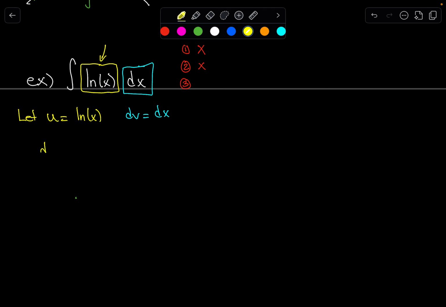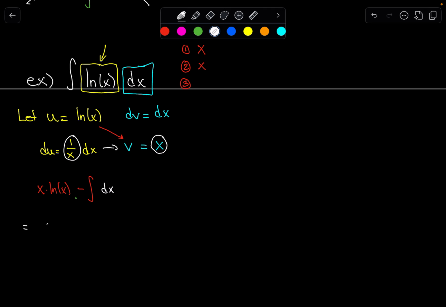We're going to get that du is equal to 1 over x dx, and we're going to get that v, the antiderivative of dv, is just going to give me x. Now we can use the integration by parts formula: u times v, which is just going to be x times the natural log of x, minus the integral of v times du, which is x multiplied by 1 over x, which is just going to leave me with dx.